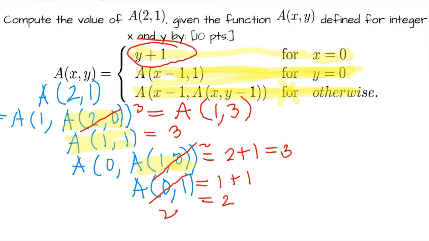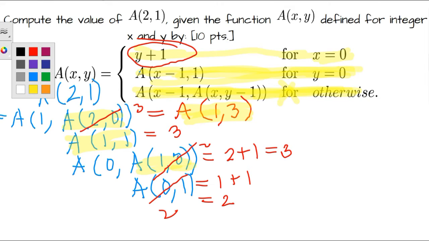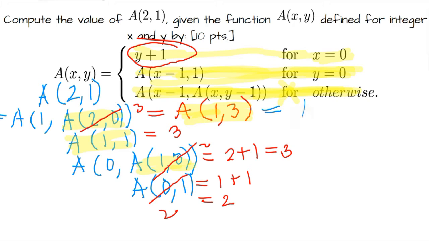So A(1,3) will again apply the third case. So solving for the third case of A(1,3), this is equivalent to A(0, A(1, 2)), so this is 1, 2.